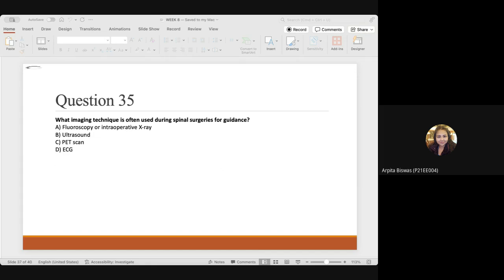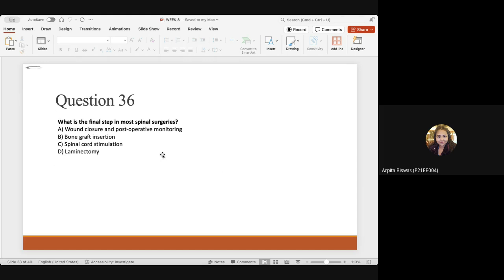So, next we move to question number 36. Okay. So, what is the final step in most spinal surgeries? First option, wound closure and post-operative monitoring. Option B is bone graft insertions. Option C is spinal cord stimulation. And option D is laminectomy. So please go through the question carefully and try to find out the right option.